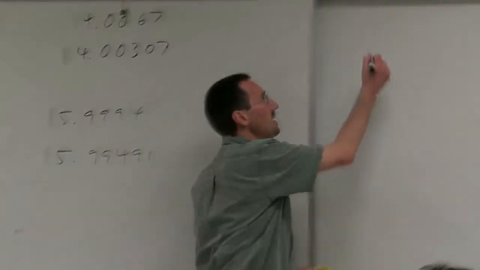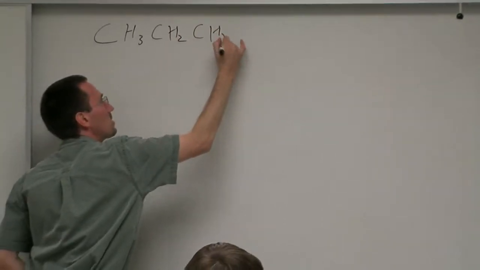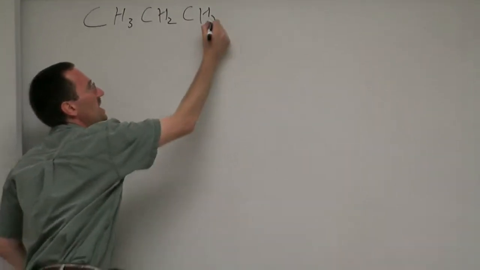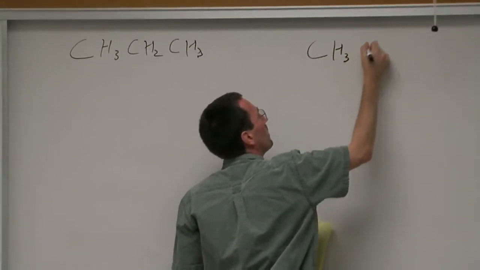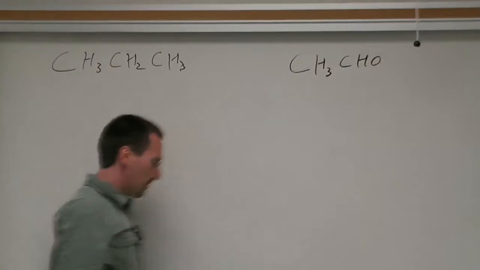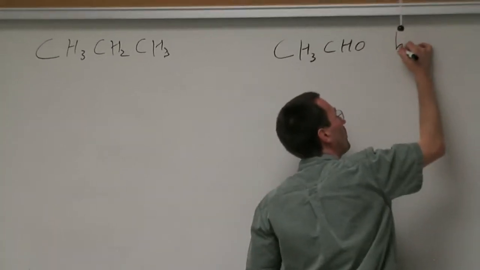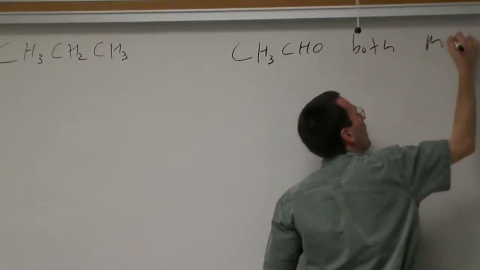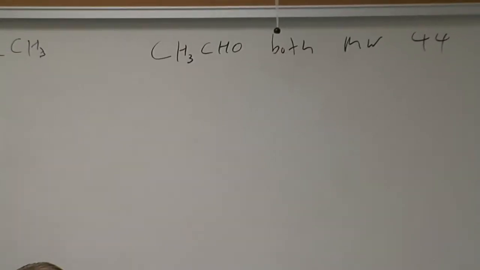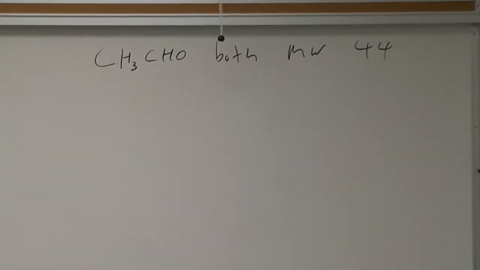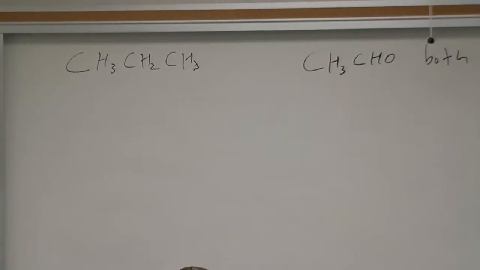We'll take propane, CH3CH2CH3, and we'll take acetaldehyde, CH3CHO. They both have a nominal molecular weight of 44. But with a high-resolution mass spectrometer, you can tell these molecules apart and more.